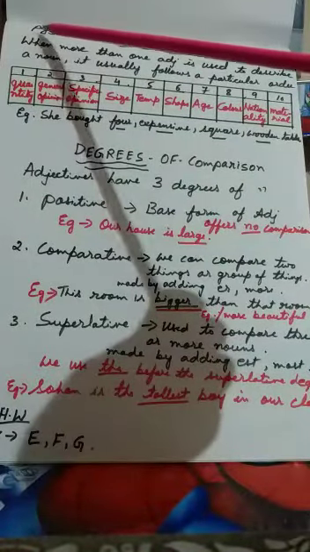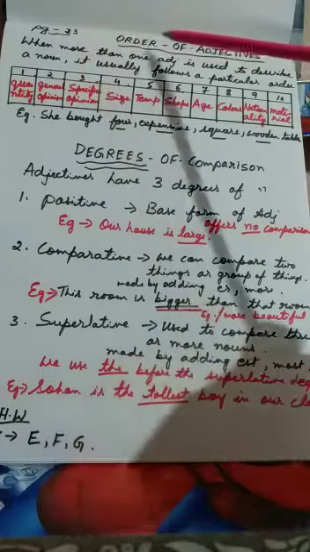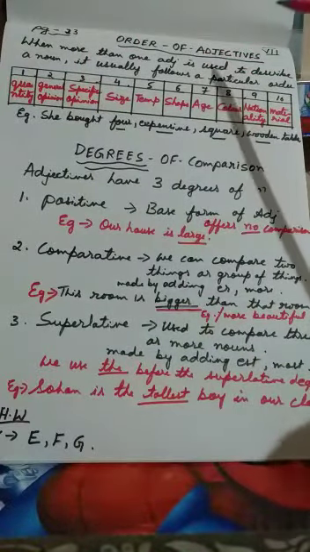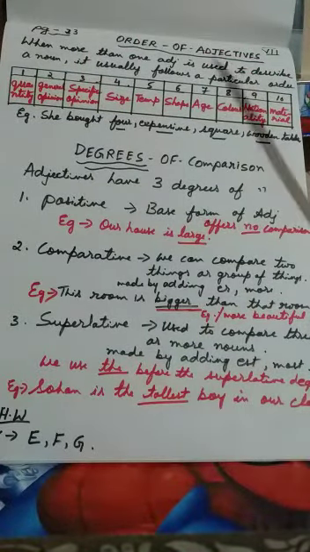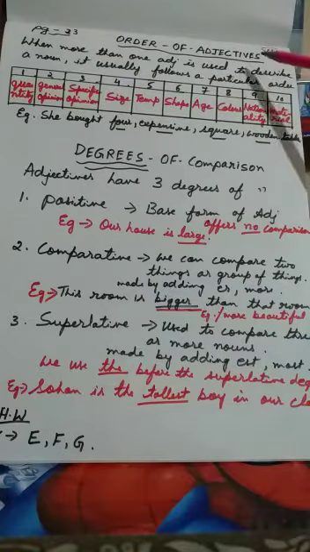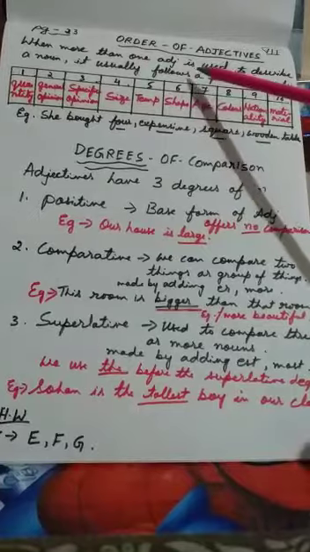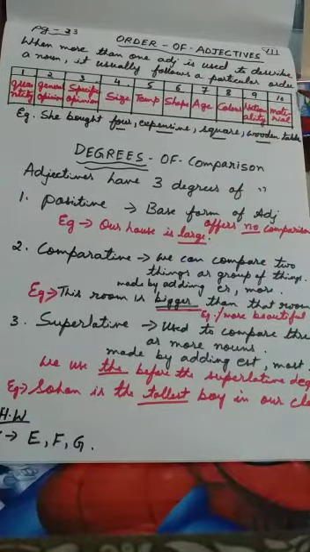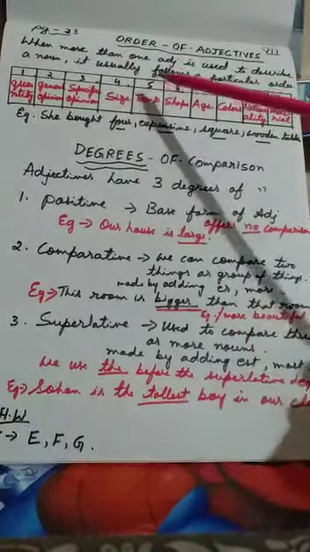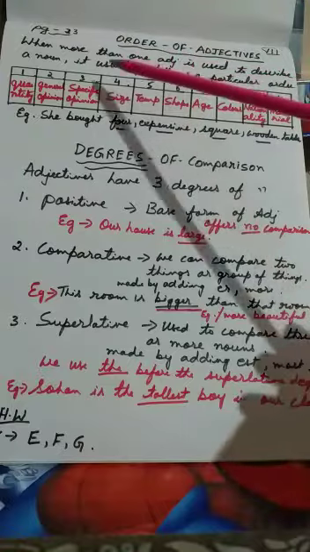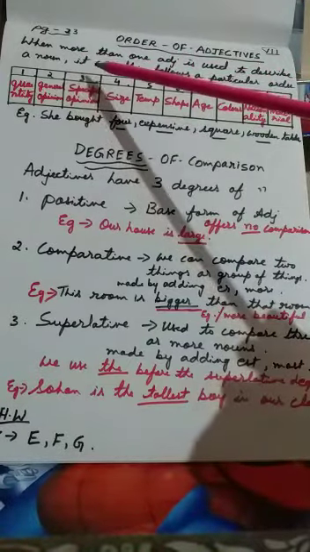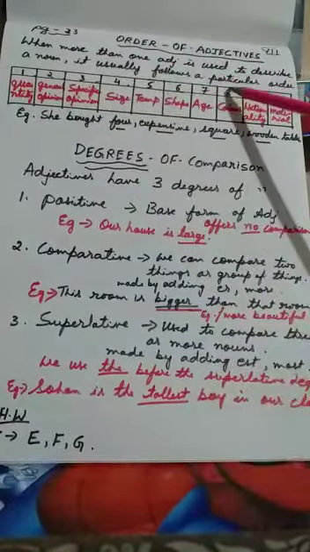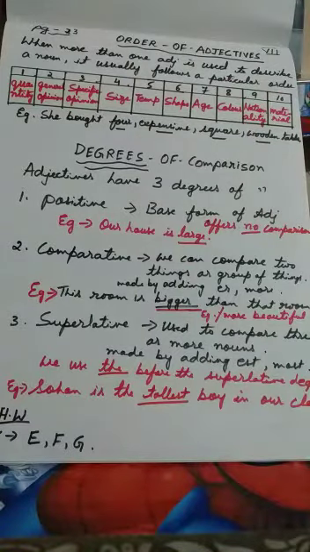Now, this is on page number 23, order of adjectives. Order of adjectives means when more than one adjective is used to describe a noun. Suppose in a sentence more than one adjective is there, then it usually follows a particular order.